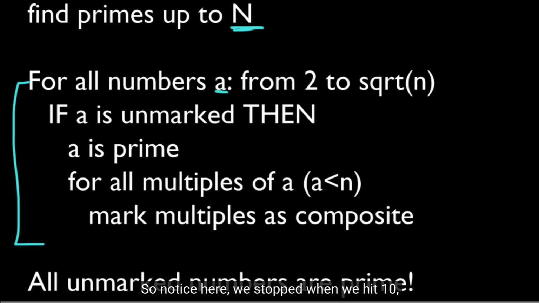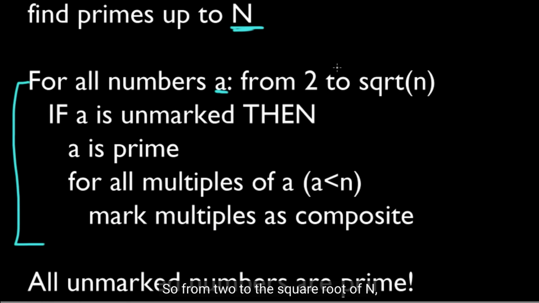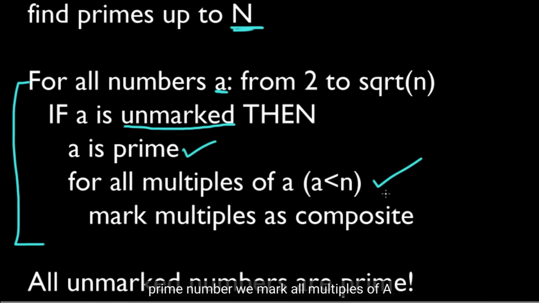Notice here we stopped when we hit 10, or if I showed it as 11, because we have found all primes. So from 2 to the square root of n, we proceed as follows. If a is unmarked, then we know a is prime. And when we find a prime number, we mark all multiples of a off as composite.